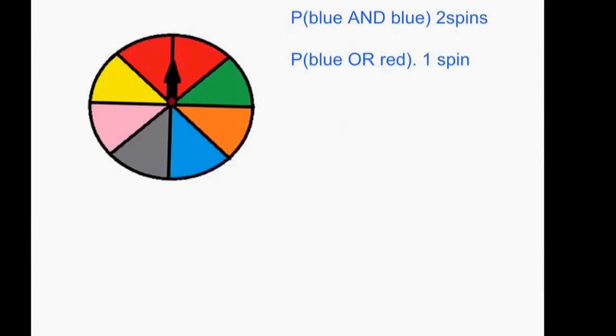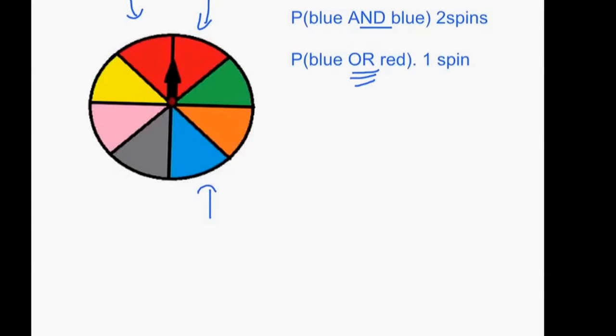Two other super important words to note are the word "and" and the word "or." These will come up in 2 different situations. When you say, what is the probability of spinning blue or red? That's a situation where it's one spin. And as you can imagine, the more colors you add, the greater the probability will become.